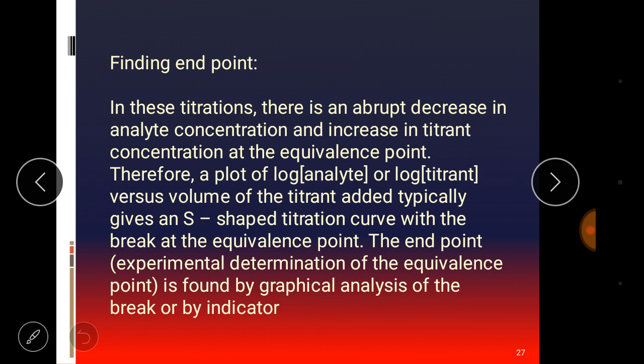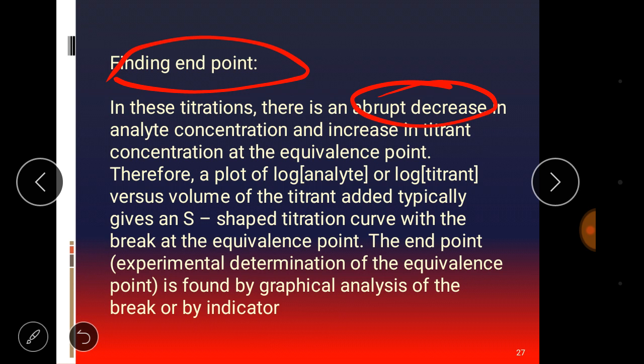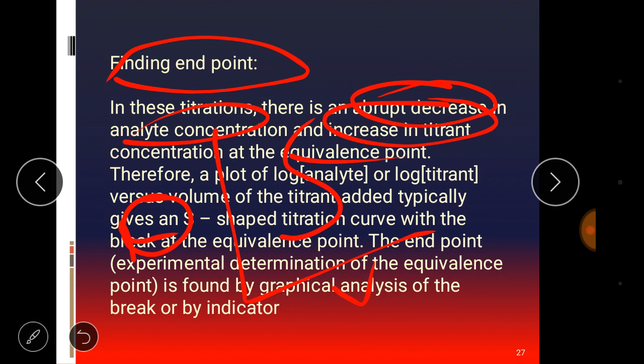Next, finding an endpoint in precipitation titration. Here there is an abrupt decrease in analyte concentration, and at the same time an increase in titrant concentration can be observed at the equivalence point. So whenever we plot log analyte concentration or log titrant concentration versus volume of titrant added, it produces an S-type titration curve with a break at the equivalence point.